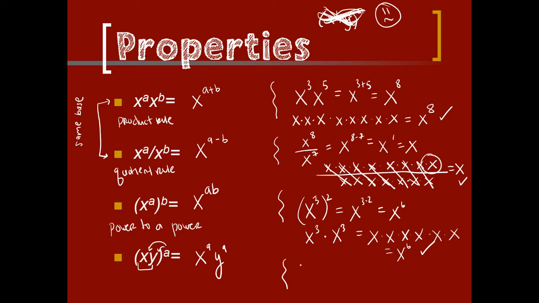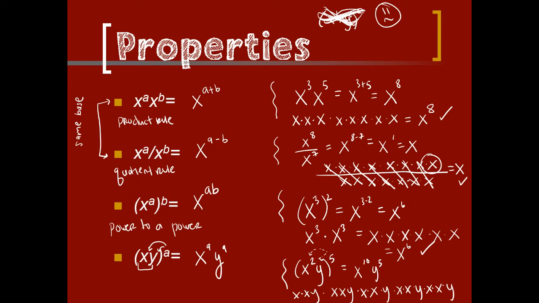So for instance, these two rules can be combined. I could have x squared y to the power of 5. When I distribute that 5, I have x to the power of 10, y to the power of 5. How this works is, I have x times x times y, repeated five times.